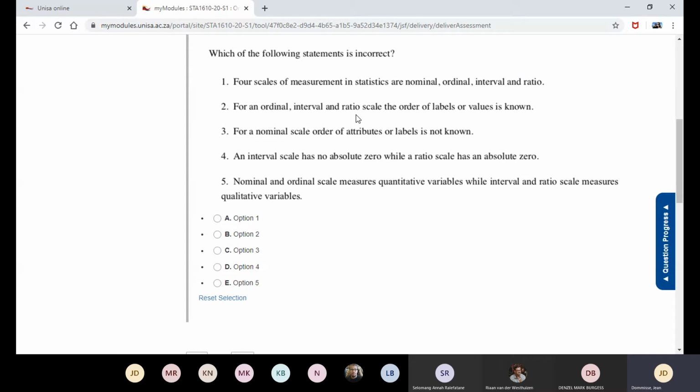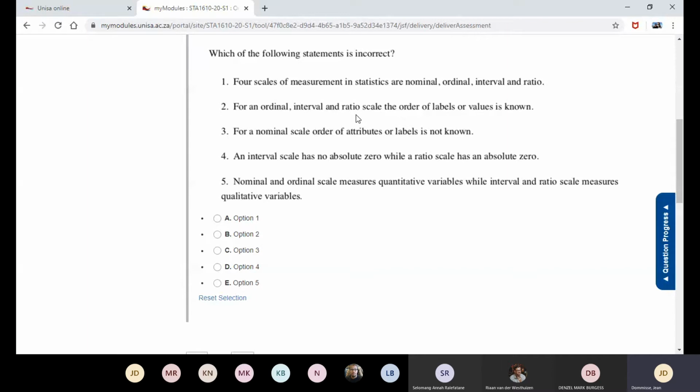For a nominal scale, order of attributes or labels is not known. An interval scale has no absolute zero, while a ratio scale has an absolute zero. Nominal and ordinal scales measure quantitative variables, while interval and ratio scales measure qualitative variables. You need to pick the incorrect one.